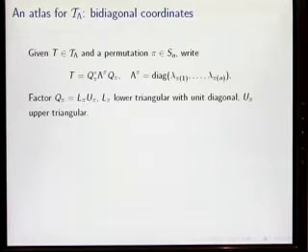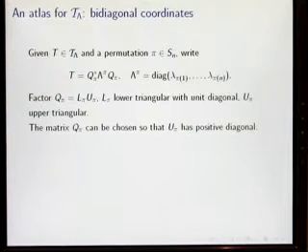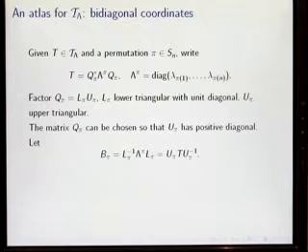And now you factor your matrix Q pi as LU, L lower, U upper, and you can choose Q so that U has positive diagonal, just to make things more uniform.